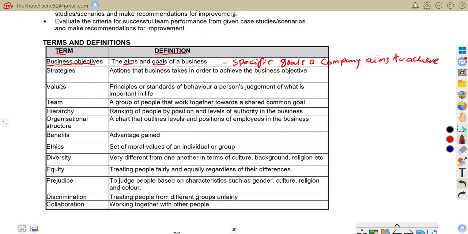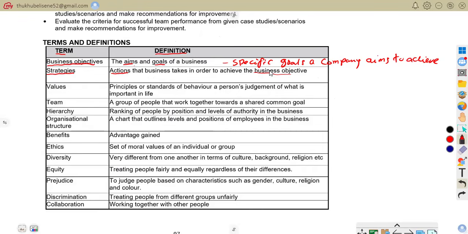Now we are moving on to strategies. We have this term, strategies, so now we have to define it. Strategies are the actions that a business takes in order to achieve business objectives.